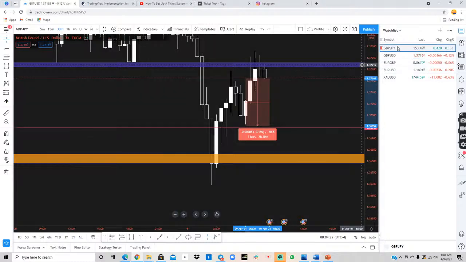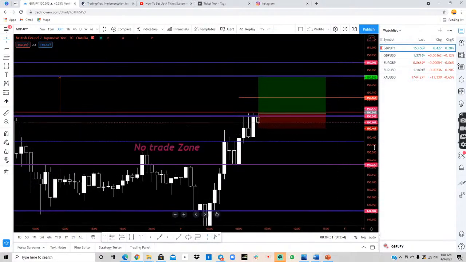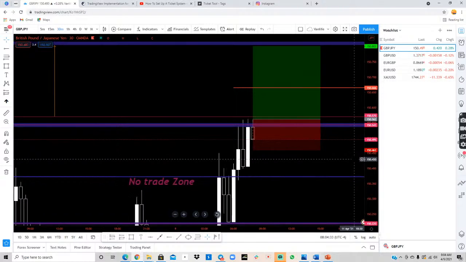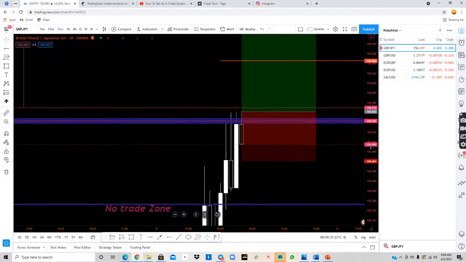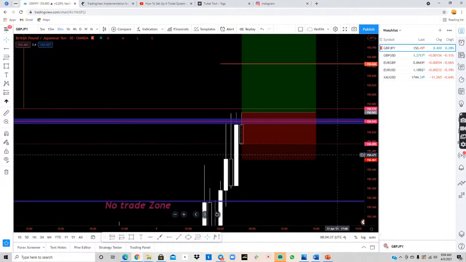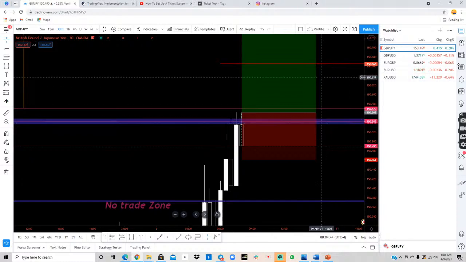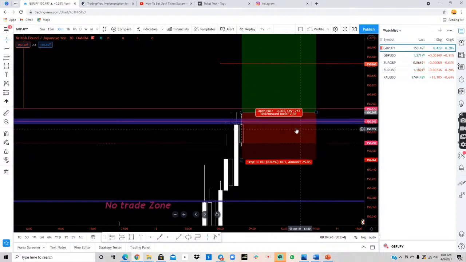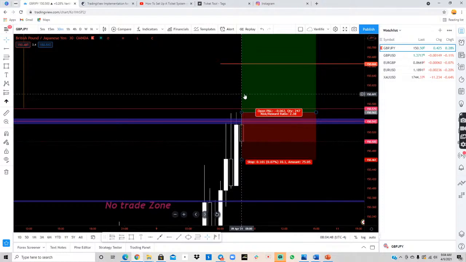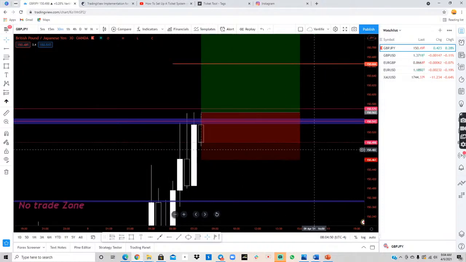Pretty messy at the moment. And as I can see, we are pulling back deep in the range. So let's see if we will actually flip and start to break its high.